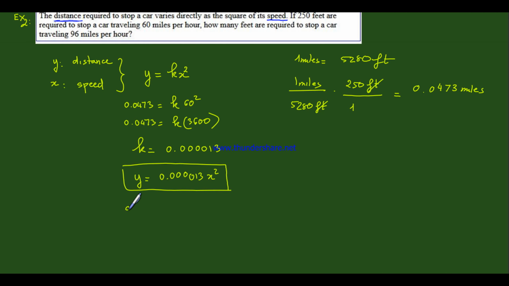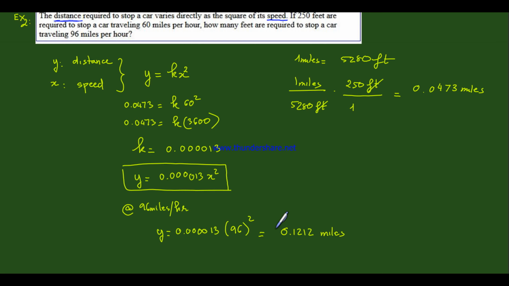So at 96 miles per hour, the distance will be y equal to 0.000013 times 96 squared. You plug it into this, multiply by 96 squared, and then your answer will be 112 feet.